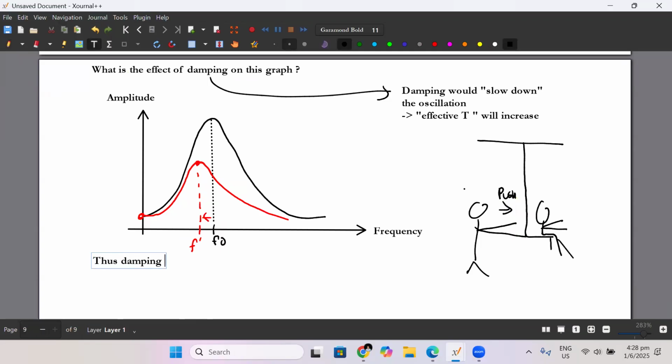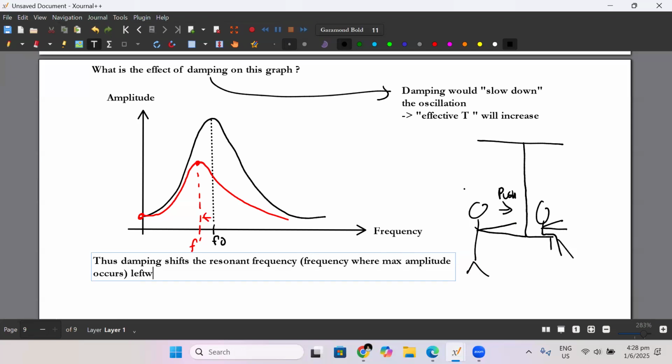Thus, damping shifts the resonant frequency, and I want you to remember the resonant frequency as the frequency where max amplitude occurs, leftwards. In other words, it decreases frequency. Also, it decreases amplitude. That's it.